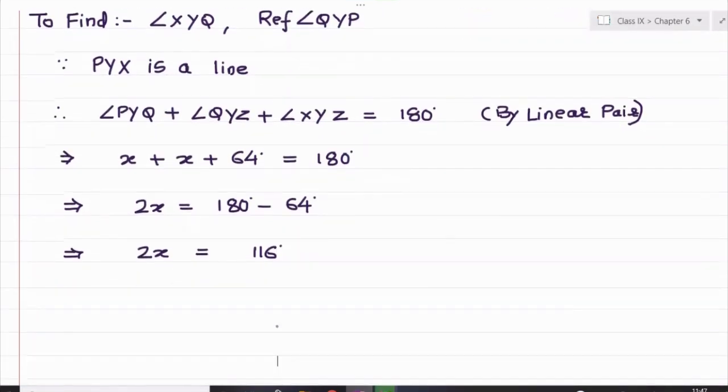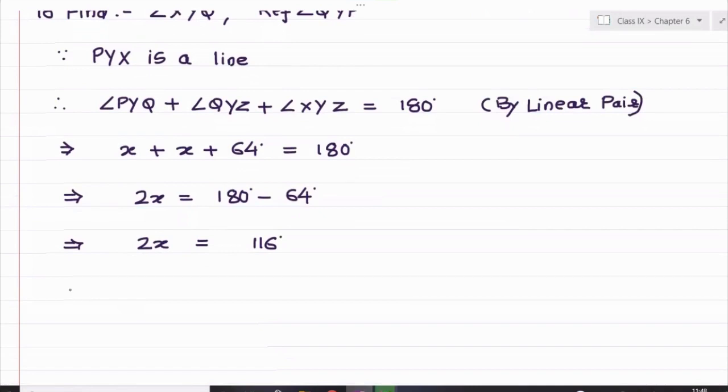Now 2 will come in the denominator, so the value of x is 116 divided by 2, and 116 divided by 2 will become 58 degrees.